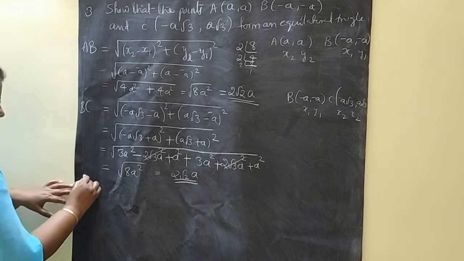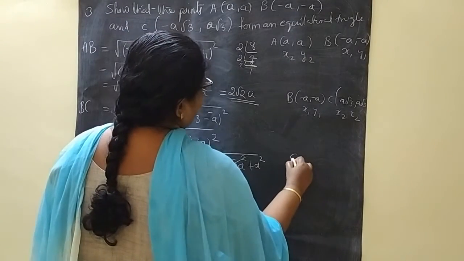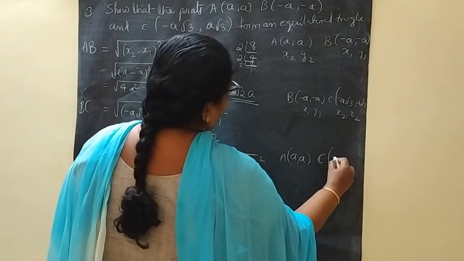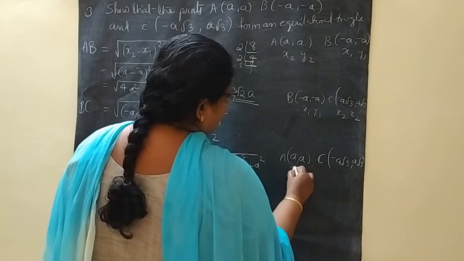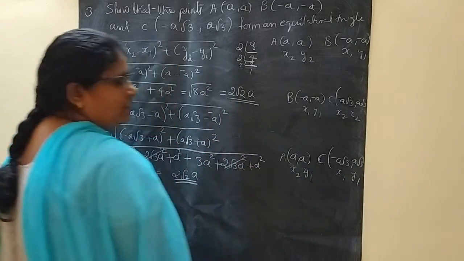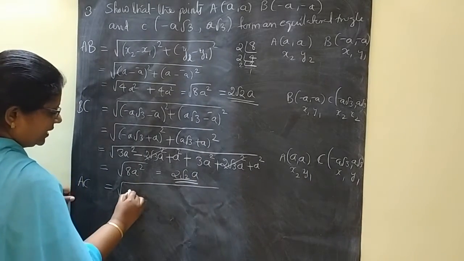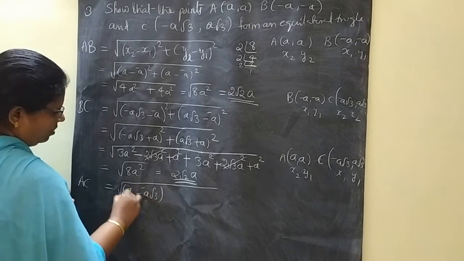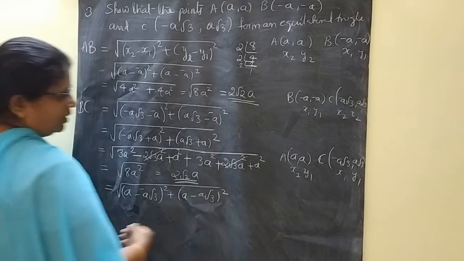Okay, now we are taking AC. AC means, what are the vertices required? You write A, A and C, minus A root 3, A root 3. This we can write x2, y2, this we can write x1, y1. So AC is, again, root of (A minus minus A root 3) whole square plus (A minus A root 3) whole square.